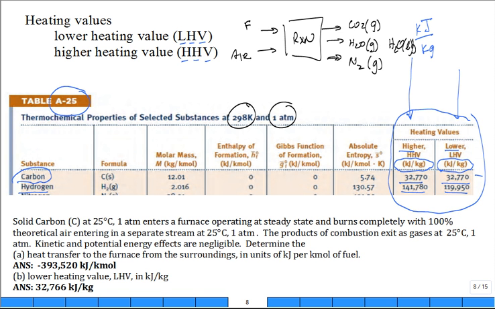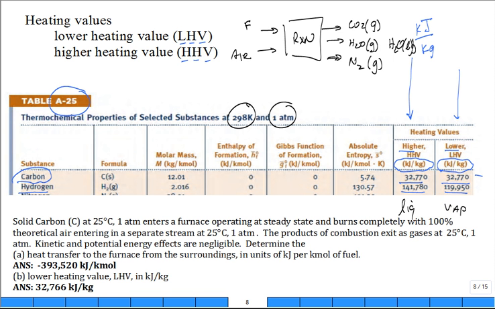If it goes out in a gas form, it's going out at a higher enthalpy. So you generated the water by combusting with a hydrocarbon. How does the water go out? If it goes out in the liquid, you get what they call a higher heating value. If it goes out vapor, then you get a lower heating value.